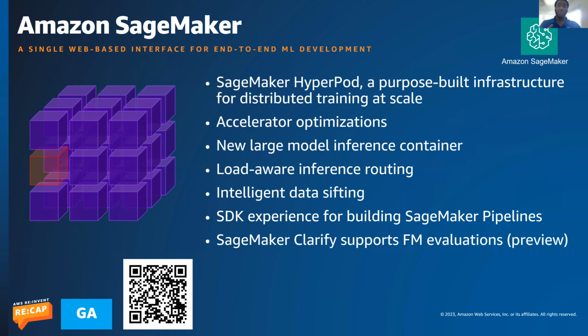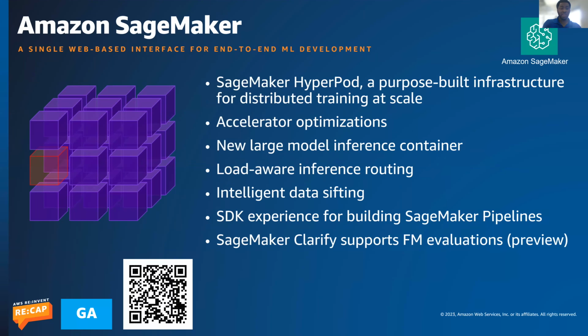Now going down to that bottom layer, we announced the general availability of Amazon SageMaker HyperPod, which reduces the time to train foundation models and fine-tune any of these open source models that you may have specific task or use case you want to train them to be able to work with by up to 40% by providing purpose-built infrastructure for distributed training at scale.